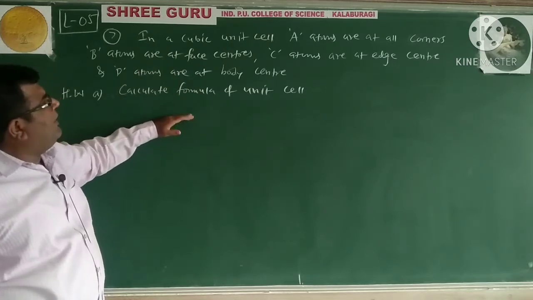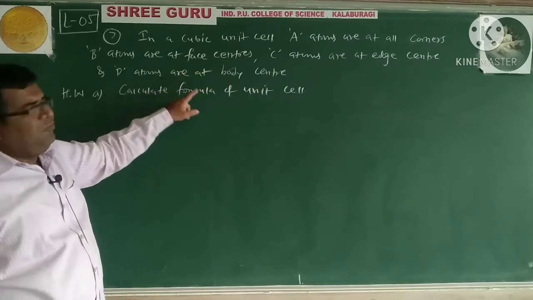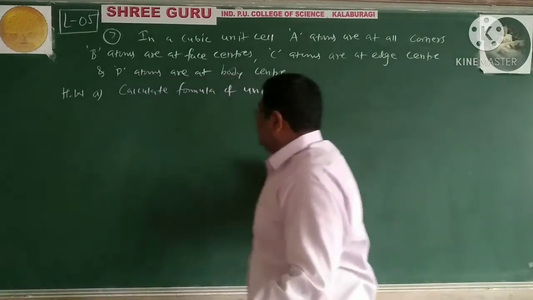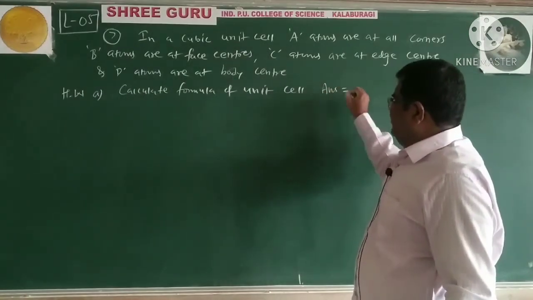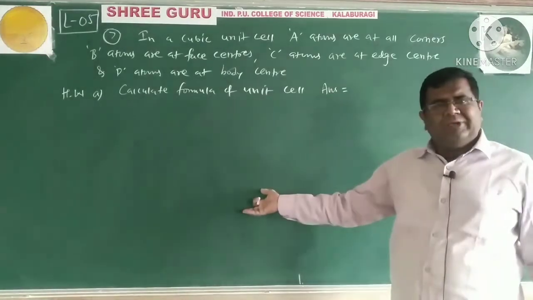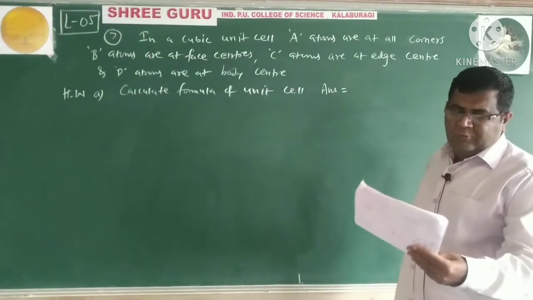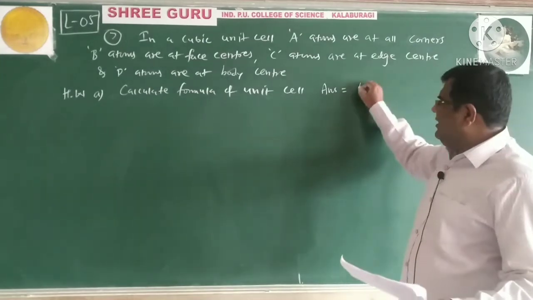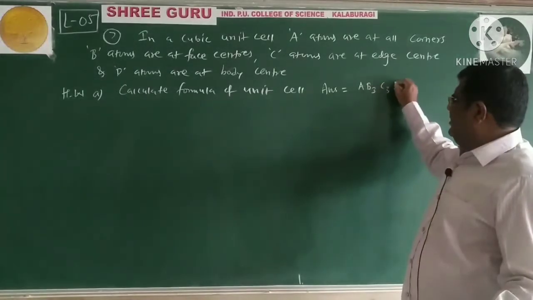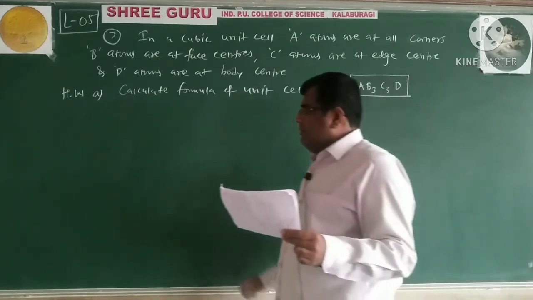Contribution of A 1 by 8, B 1 by 2, C 1 by 4, D 1. Accordingly, you can calculate that answer. I will write the answer here so that you can verify. Here items are 4, A, B, C, D, but you should not worry about it. The formula is AB3C3D. This you can solve as homework.